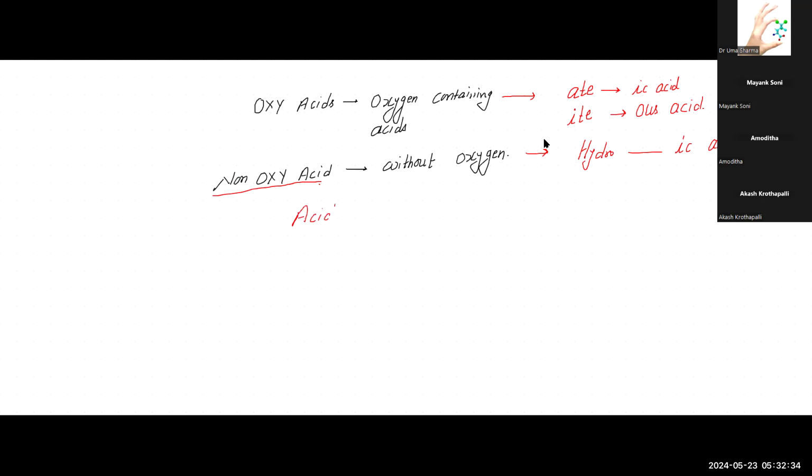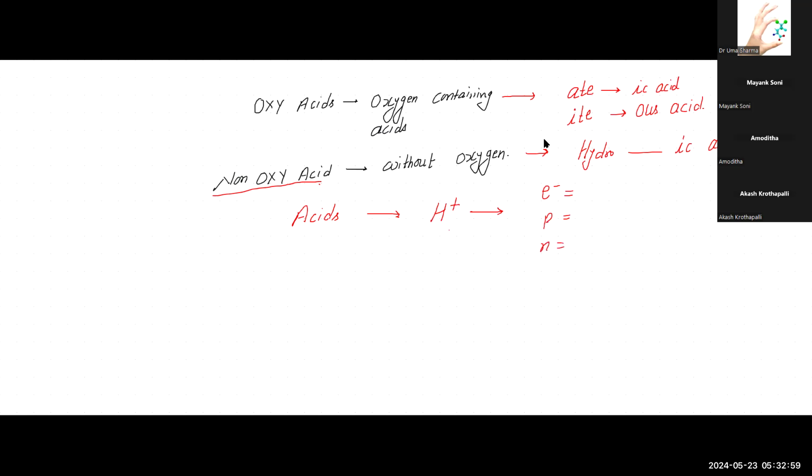And what are acids? Acids are the compounds containing H plus. For our level, for AP chemistry level, H plus. So can you tell me what is H plus? How many electrons are there in this H plus? How many protons? How many neutrons?